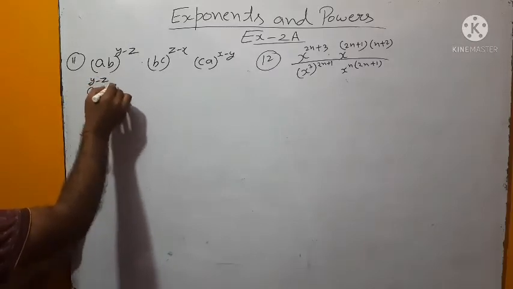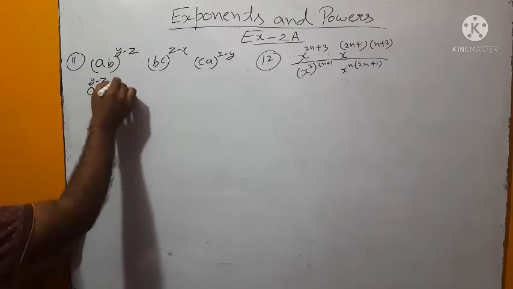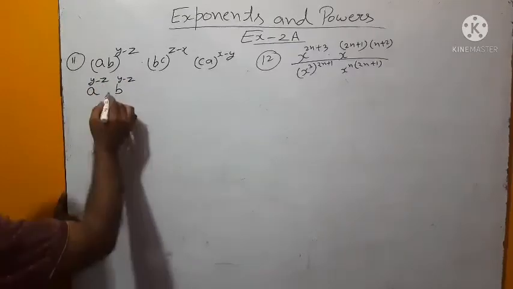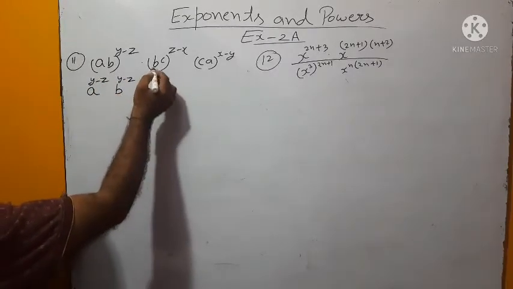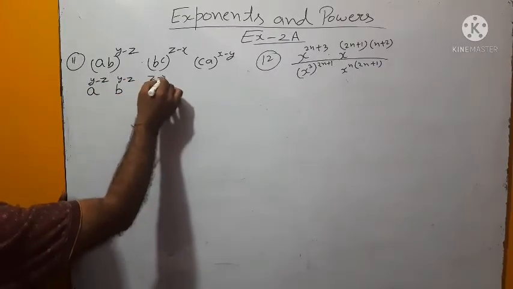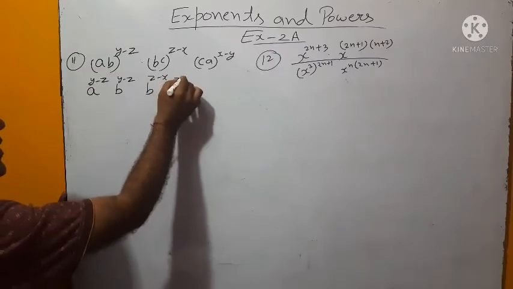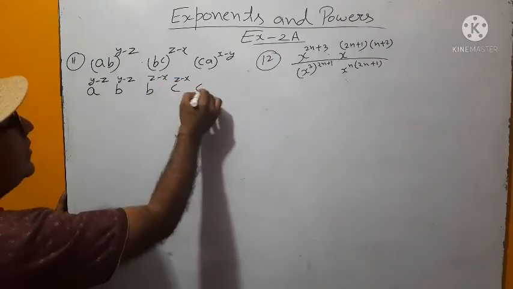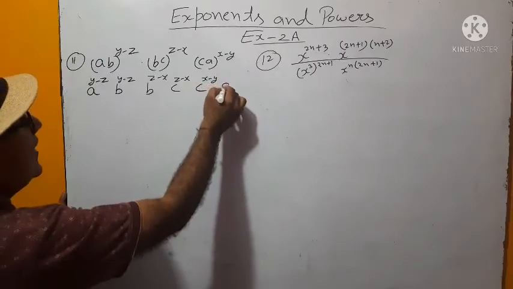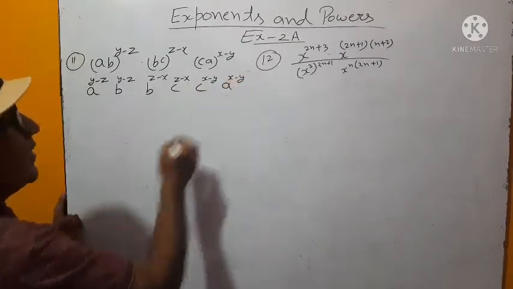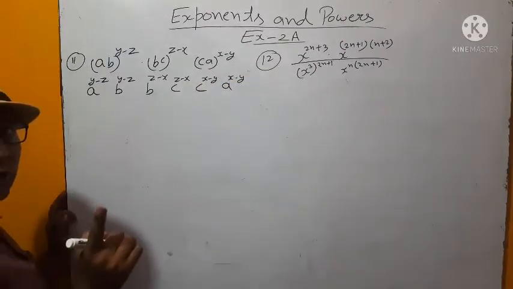Means a power y minus z into b power y minus z. Same you can do here: b power z minus x into c power z minus x, and c power x minus y into a power x minus y. Only this is the noted point.